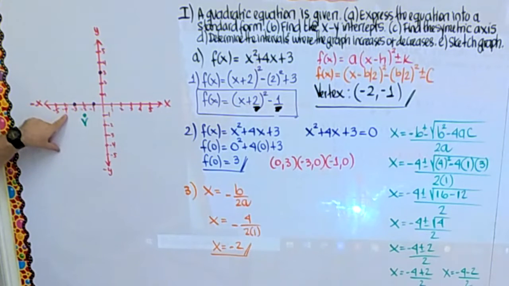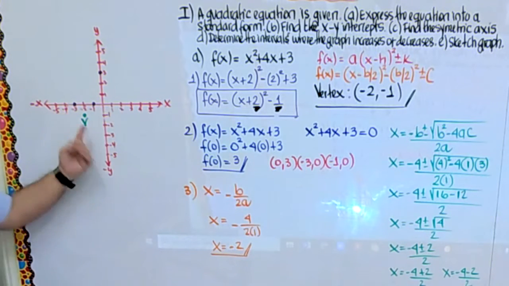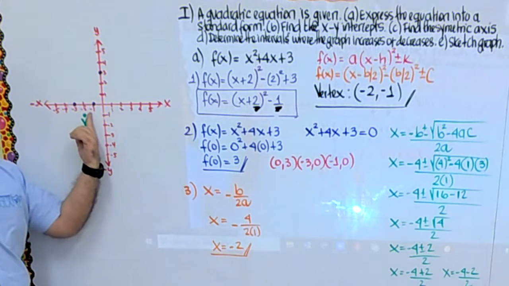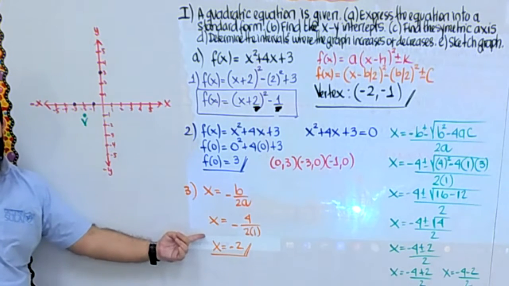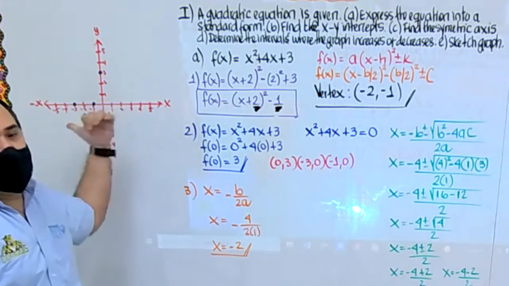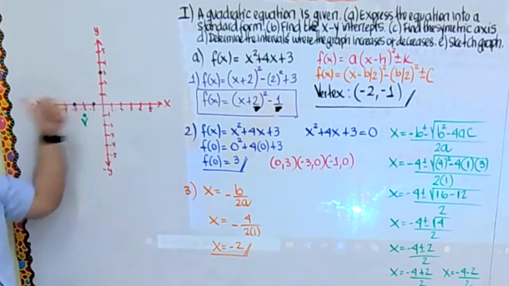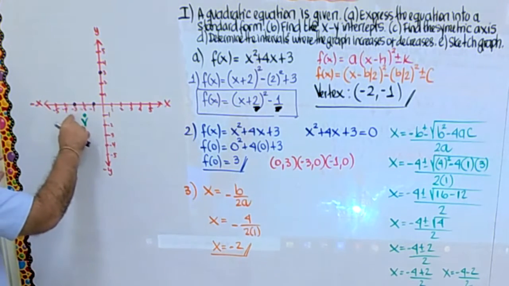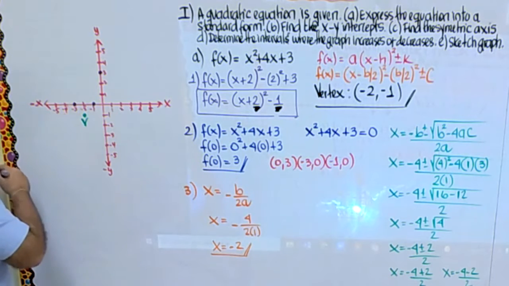Yes or no? Original vertex is negative 2, and the symmetric axis says negative 2, that means I'm going to move the graph horizontally 2 units from the left side. So 1, 2. And it's falling down in the negative 4 x coordinate.